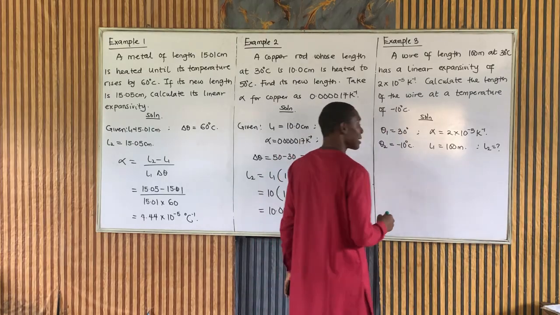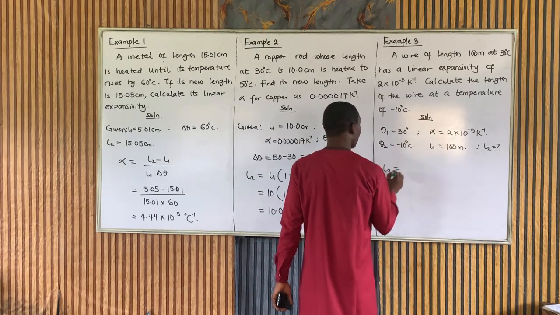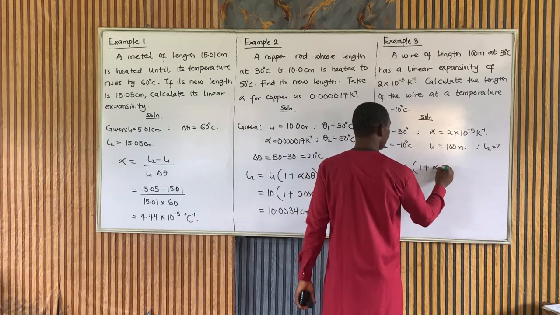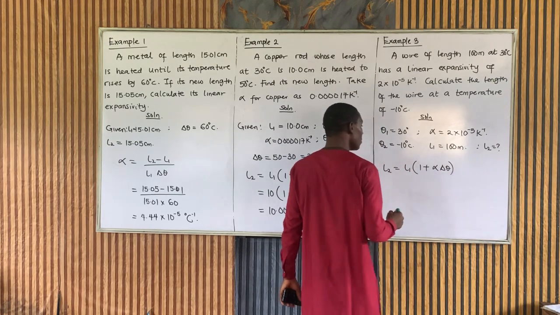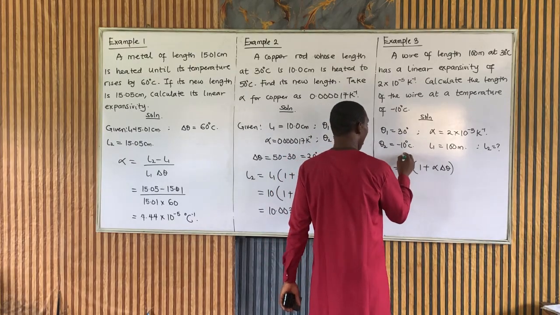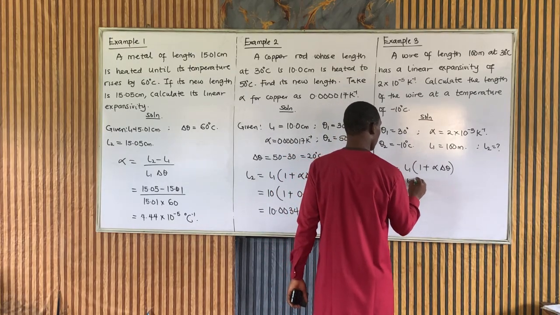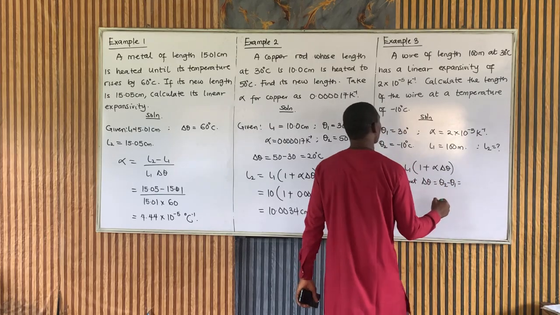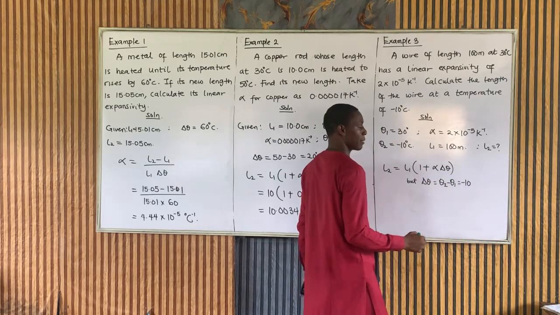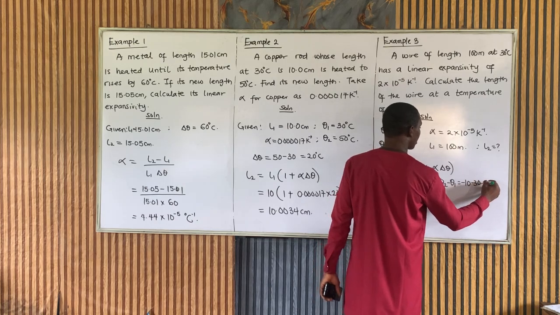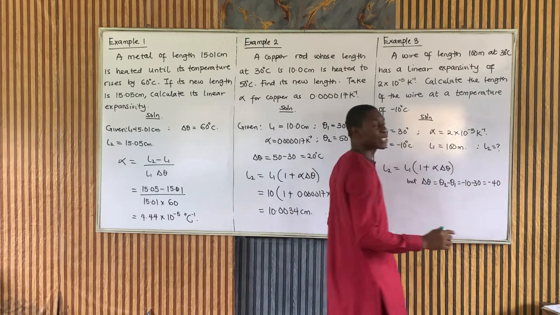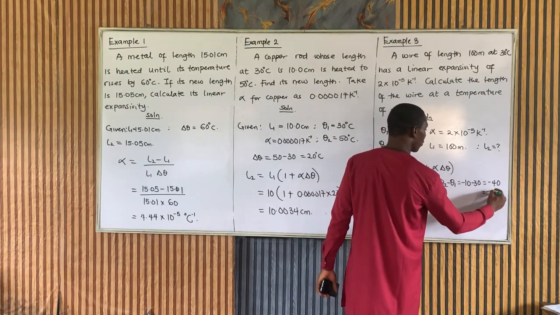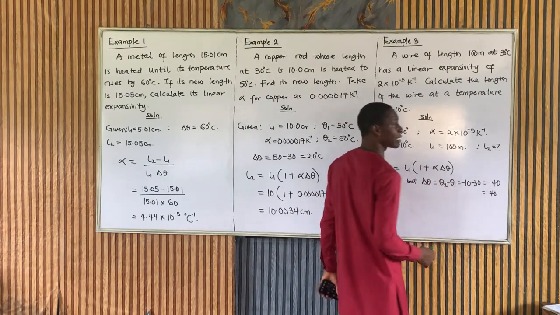Again, we know that our new length is given as L1 into bracket 1 plus alpha change in temperature. Our change in temperature is theta 2 minus theta 1, and that will give us minus 10 minus 30, which is minus 40. But mind you, when solving, we are using the absolute value, which is just 40, ignoring the negative sign.